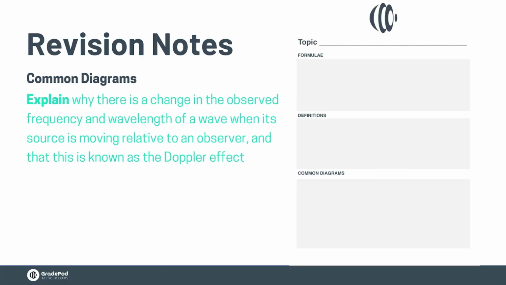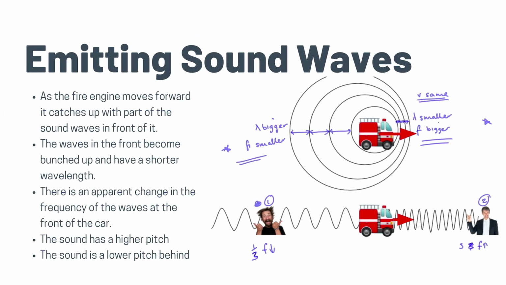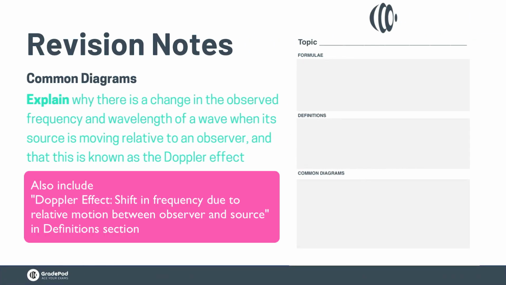I would probably go to the common diagrams section here, and I'd try, if you can, to draw this diagram here, or both of these diagrams. It's not easy. Little note, you might be expected to draw that. So a little practice of that might be a good idea just now. You don't have to draw a fire engine, but you can draw something that makes a sound.